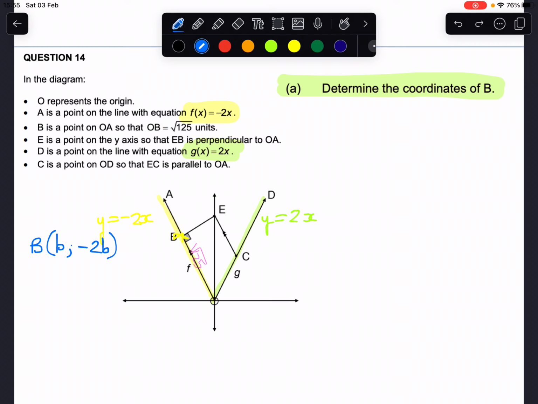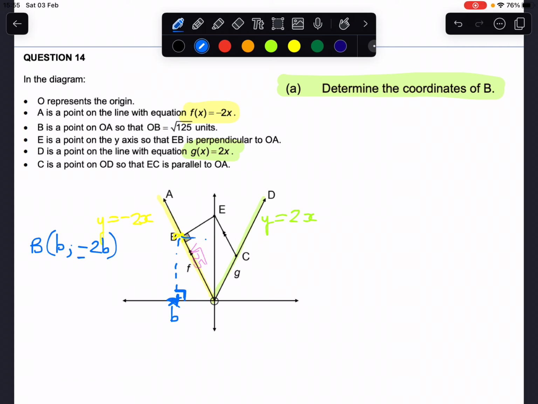Right, so this is appealing to me because what immediately came to mind for me about this B is if I draw this little triangle over here, we already know that the x coordinate here is some number b, and the y coordinate is going to be negative 2b.